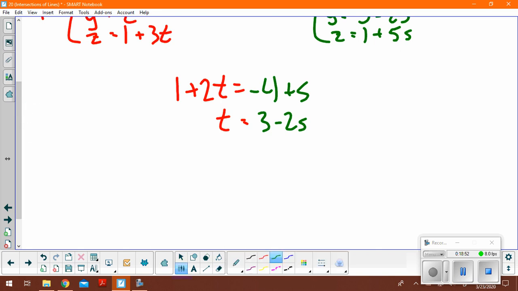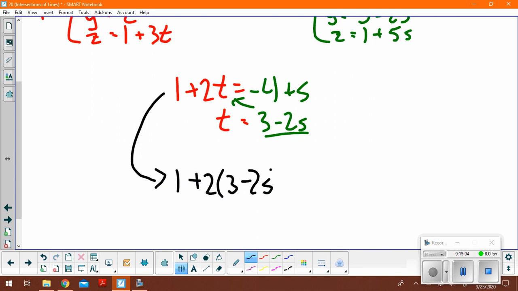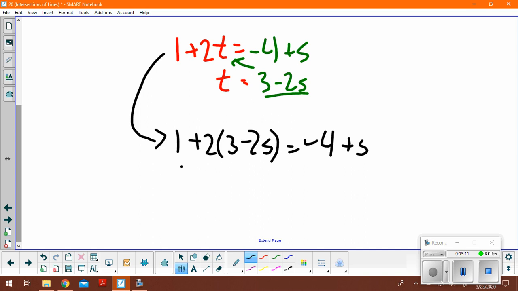This is nice because I can just substitute 3 minus 2s in for t in the other equation. So I have 1 plus 2 times (3 minus 2s) equals -4 plus s. 1 plus 6 minus, let's do it again. That is 7 minus 4s equals -4 plus s.